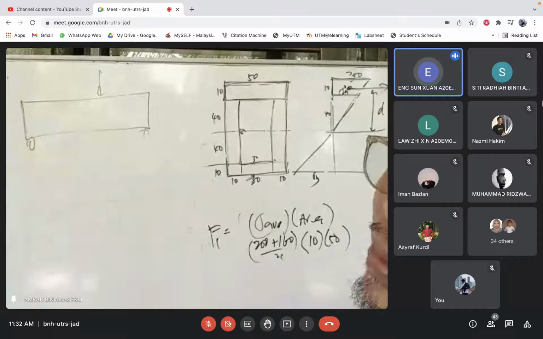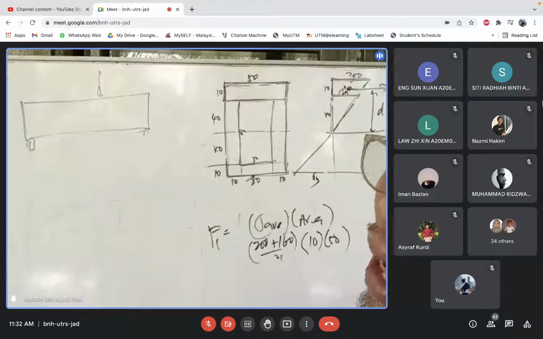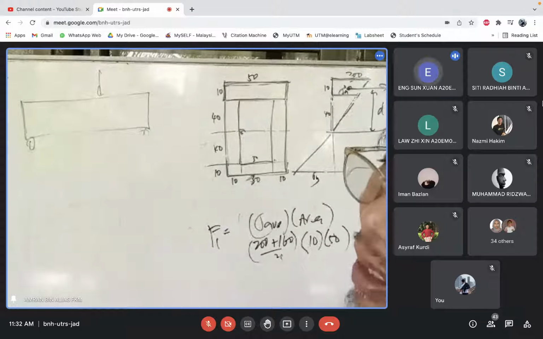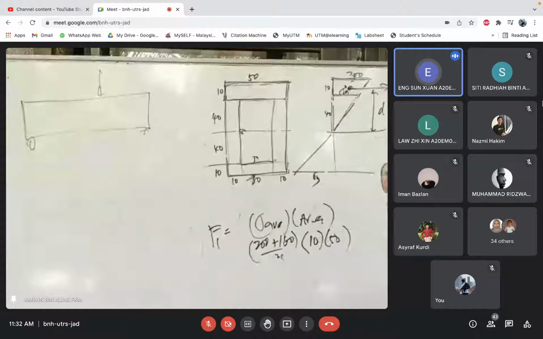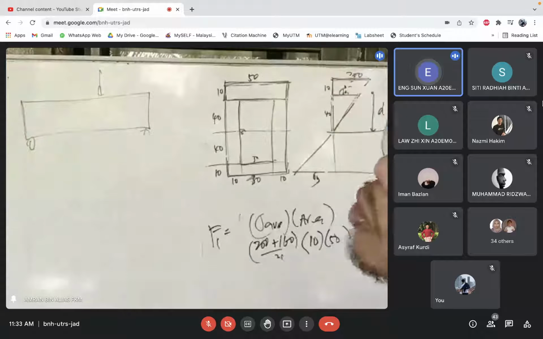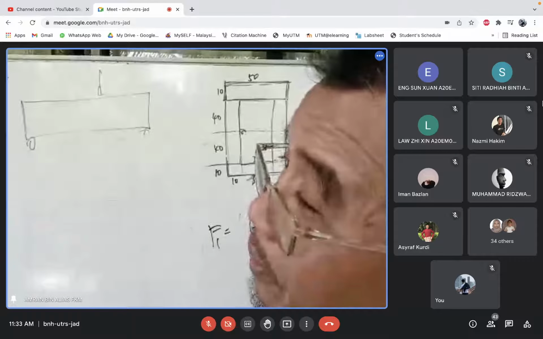Combine both the centroid of the square and the triangle. Yeah, how? The x centroid of the trapezium is equal to the centroid of the square times force plus the centroid of the triangle times force. Where do you want to put it?